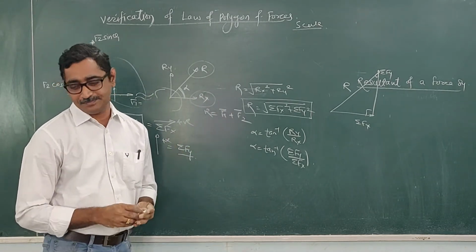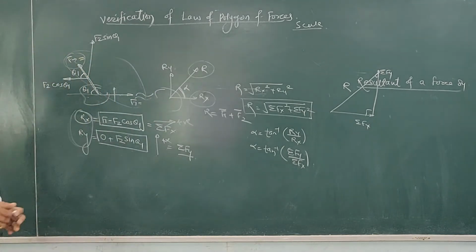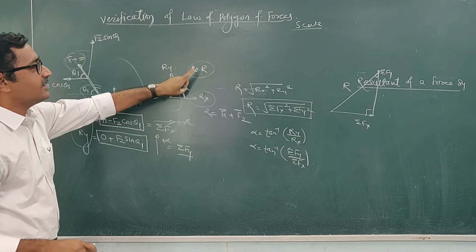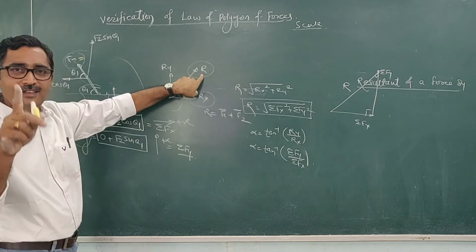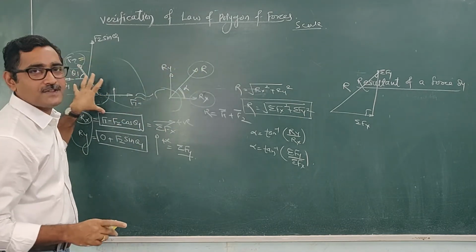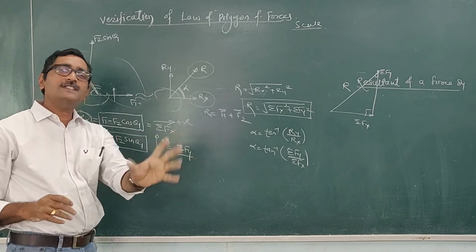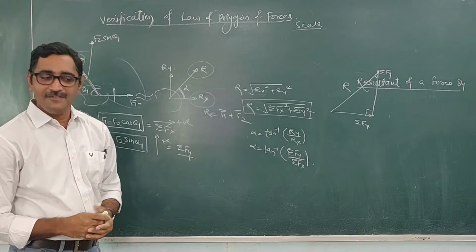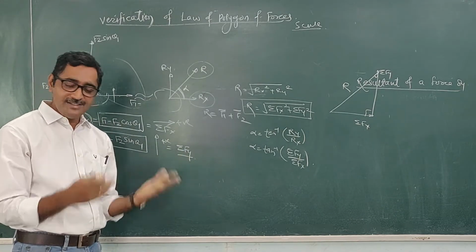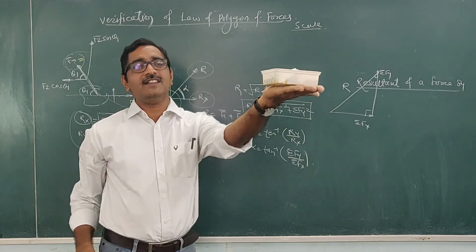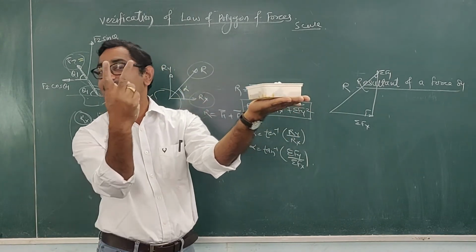Now when we find the resultant of any particular force system, I have already told you that this is a single equivalent force for the given force system, which produces the same effect. And a single equivalent force is always an unbalanced force. Whenever any single force acts on a body, it is always an unbalanced force. If I consider this body resting on this surface, it is in a complete state of rest under the action of two forces.